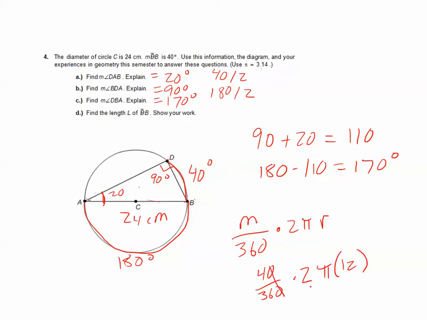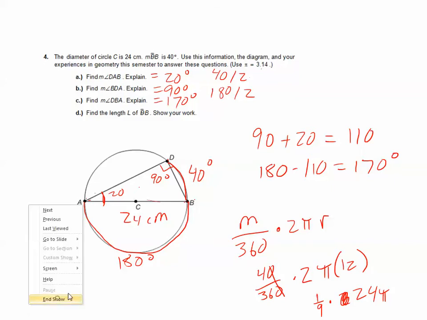So here our zeros cancel out, and then 4 over 36 reduces down to 1/9. And then 2 times 12 is 24 pi. So now we have 24 pi times 1/9.